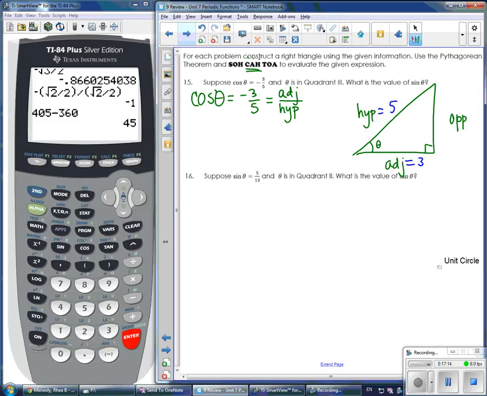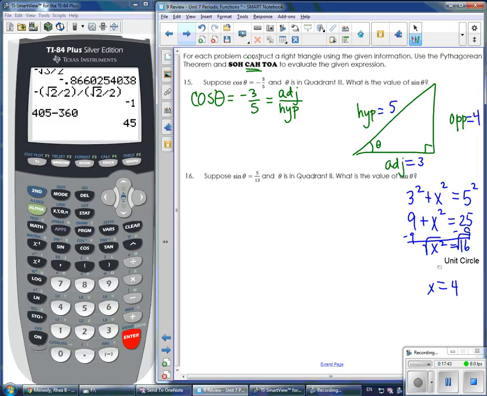I know that 3 squared plus, let's just call my opposite side x, x squared, has to equal my hypotenuse squared, which is 5 squared. Or 9 plus x squared equals 25. If I subtract 9 from both sides, I get that x squared is equal to 16. And if I take the square root of both sides, I get that x is equal to 4. Now, x could also be negative 4, but since I'm dealing with the length of a triangle, I'm going to keep it 4 for now.